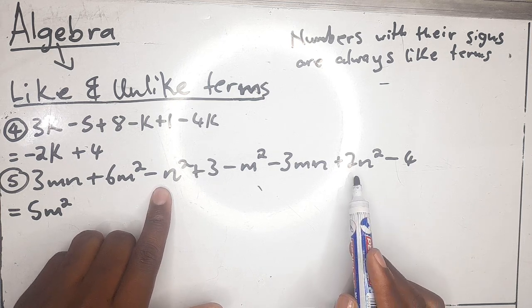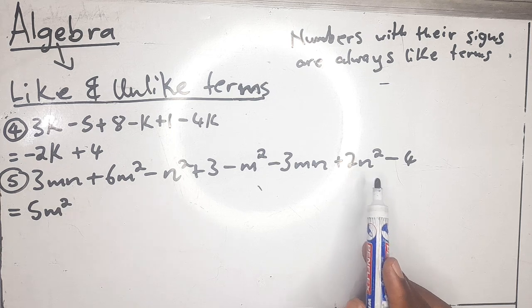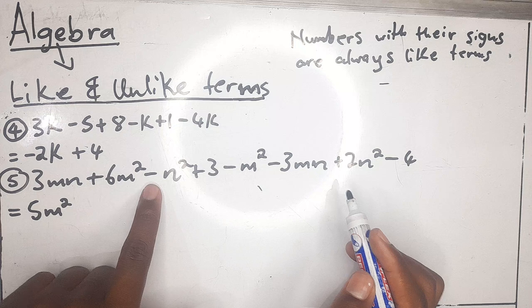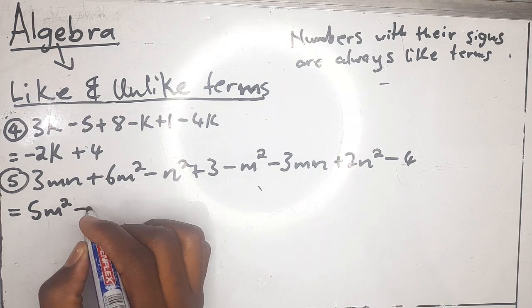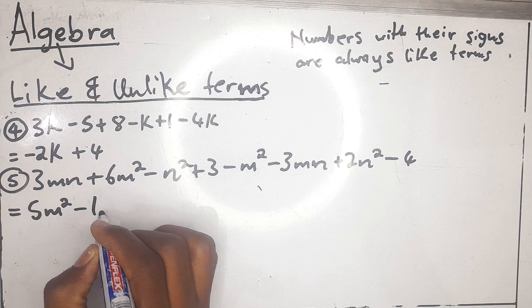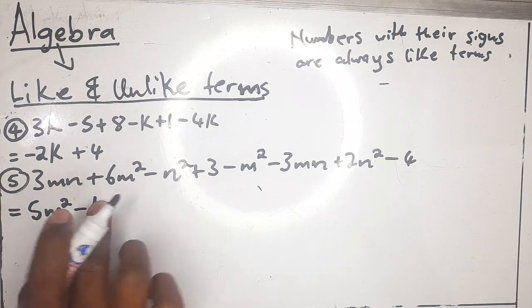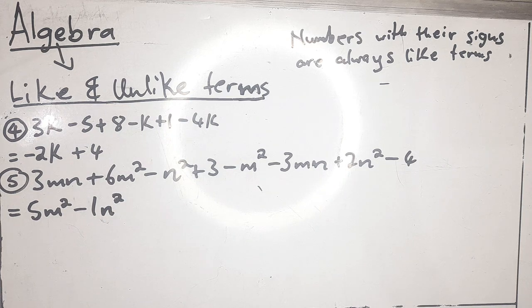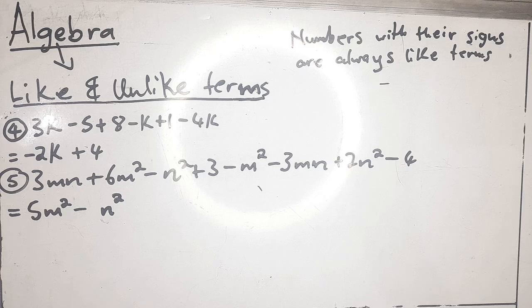Yes, here it is. So these two terms are like terms, and focus on their coefficients. There is minus 1, there is 2 there. What is minus 1 plus 2? This is going to give you 1n squared. And again, it's not necessary to write the 1 there.